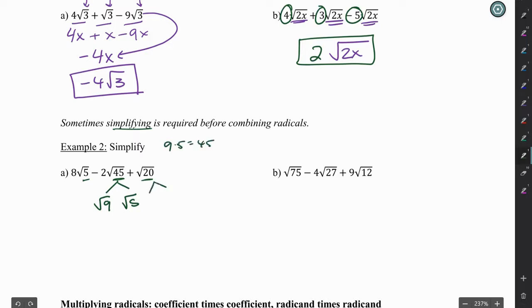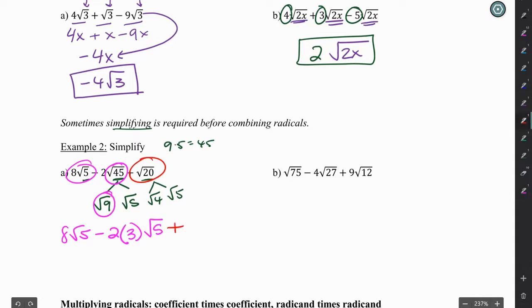And 20, we can make the square root of 4 times the square root of 5.